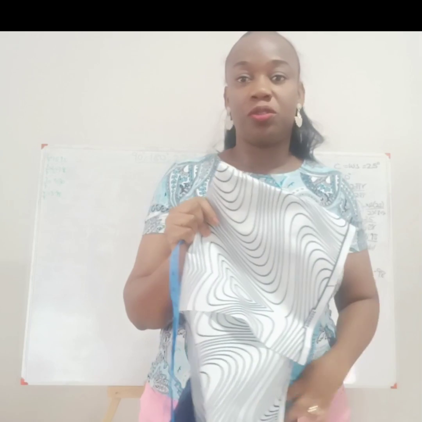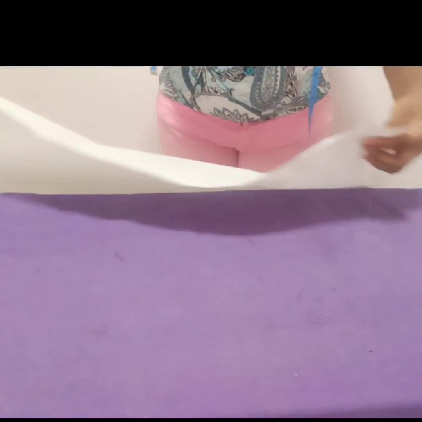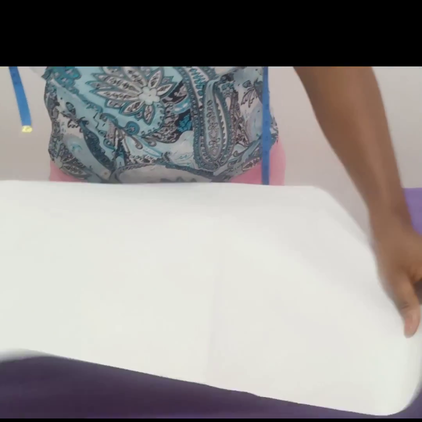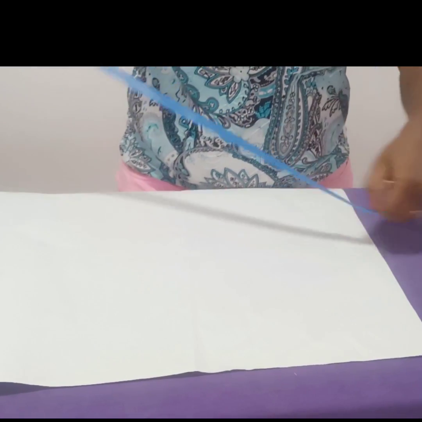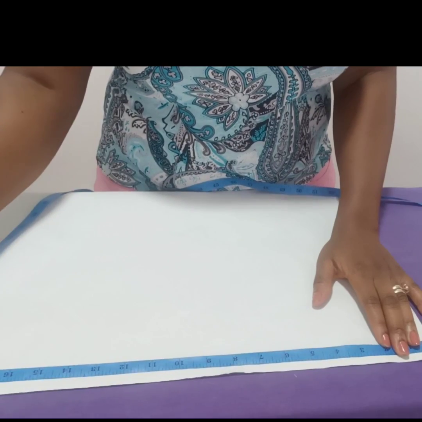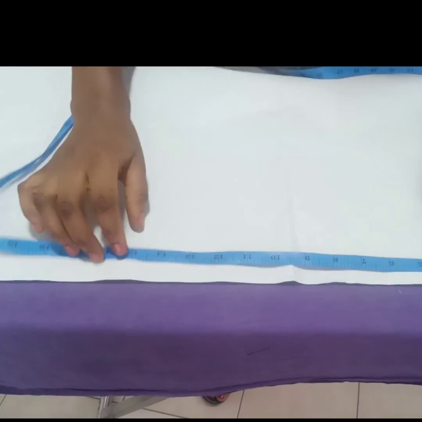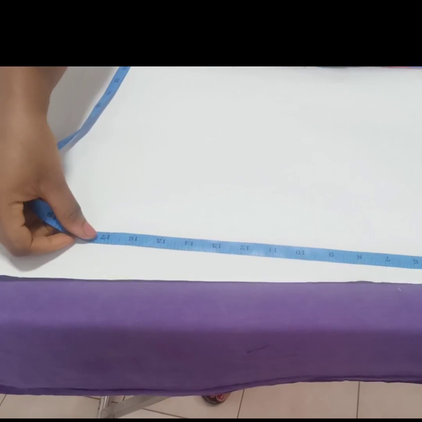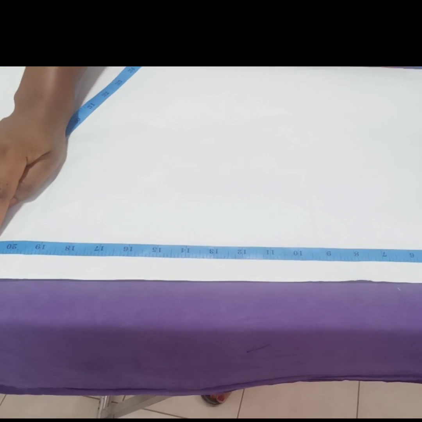So let me show you that on our paper representing the fabric. You see it is long. So first of all, you measure out the 20 by 20. Measure out 20.